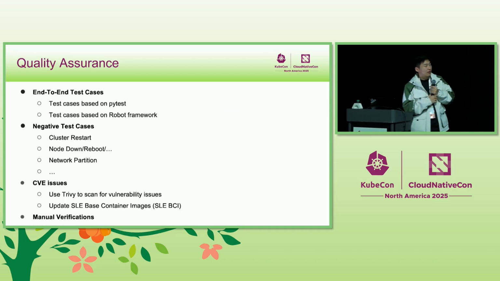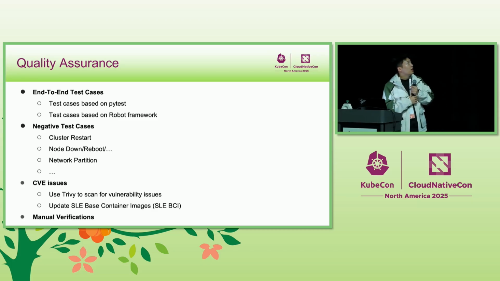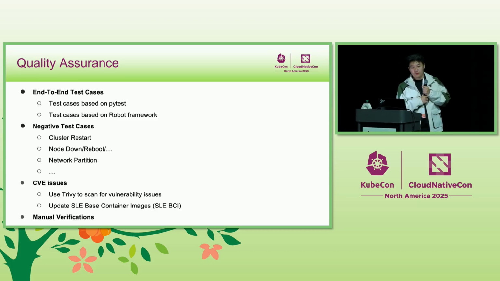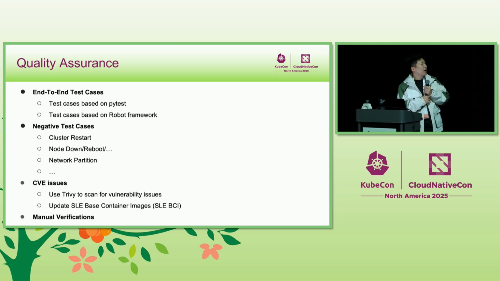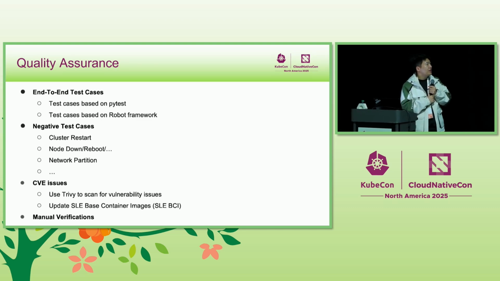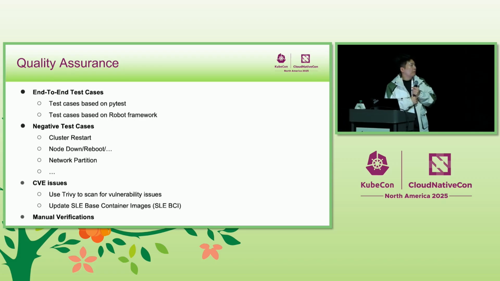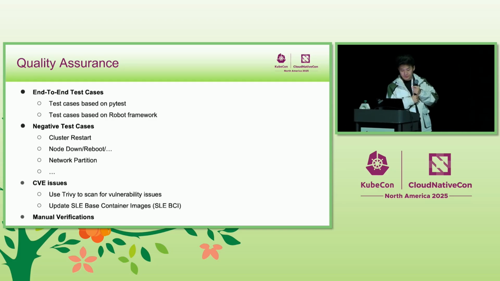And since the release cadence is pretty quick, we also have a bunch of comprehensive quality assurance mechanisms, including regular end-to-end tests and negative test cases. Those are all automated. And besides, for every release, we will scan the CVE issues and update the BCI image to guarantee all critical CVE issues are resolved in the latest version.